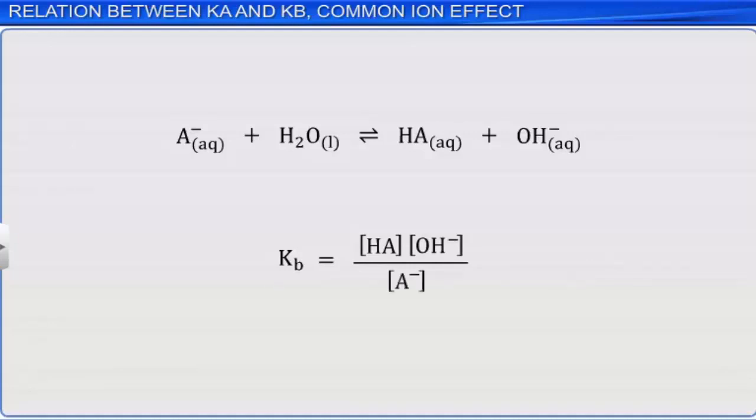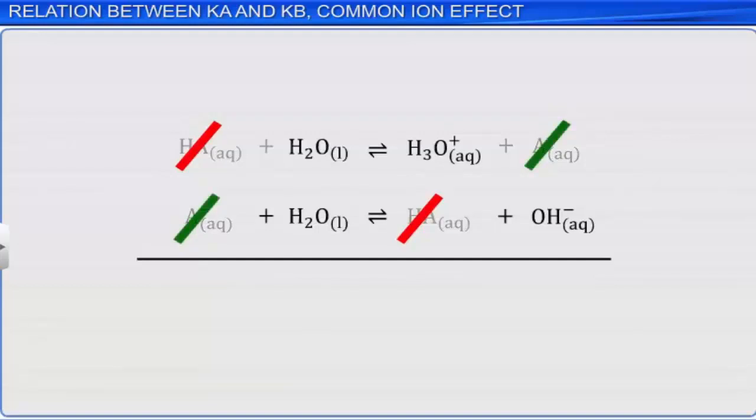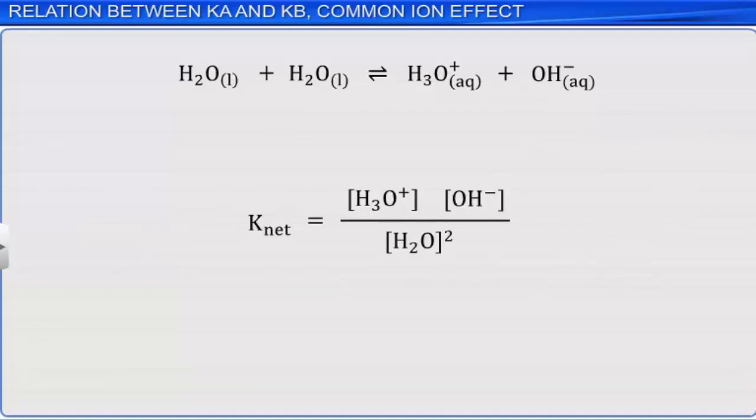On adding these two reactions together, the common terms cancel out, leaving the autoionization of water. The equilibrium constant for the net reaction may be expressed as K net is equal to the product of concentrations of H3O plus and OH minus divided by concentration of water raised to the power of 2.